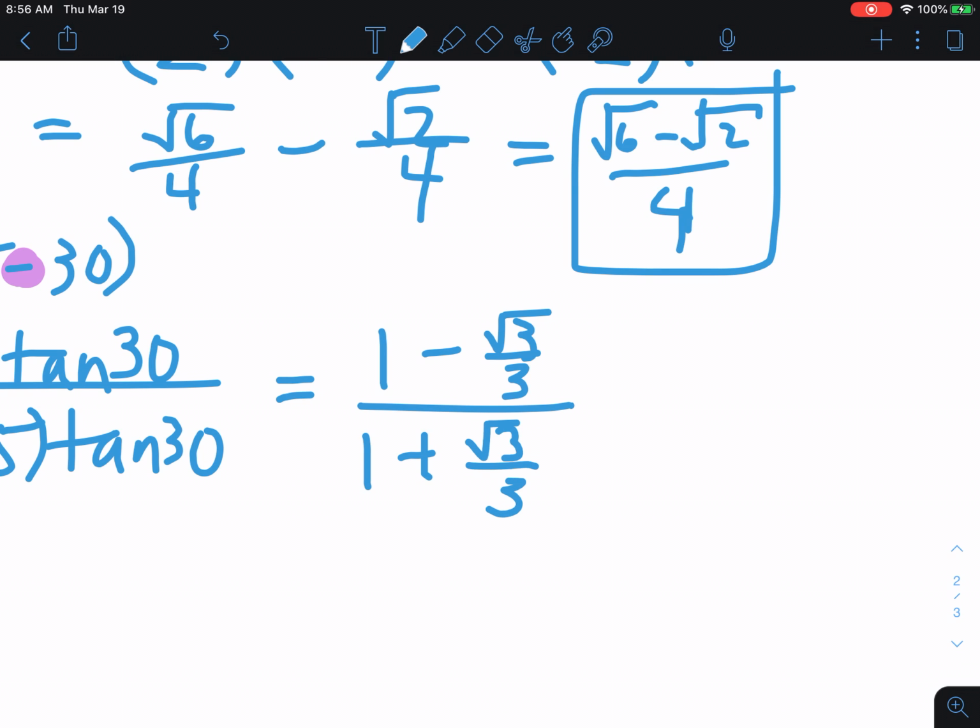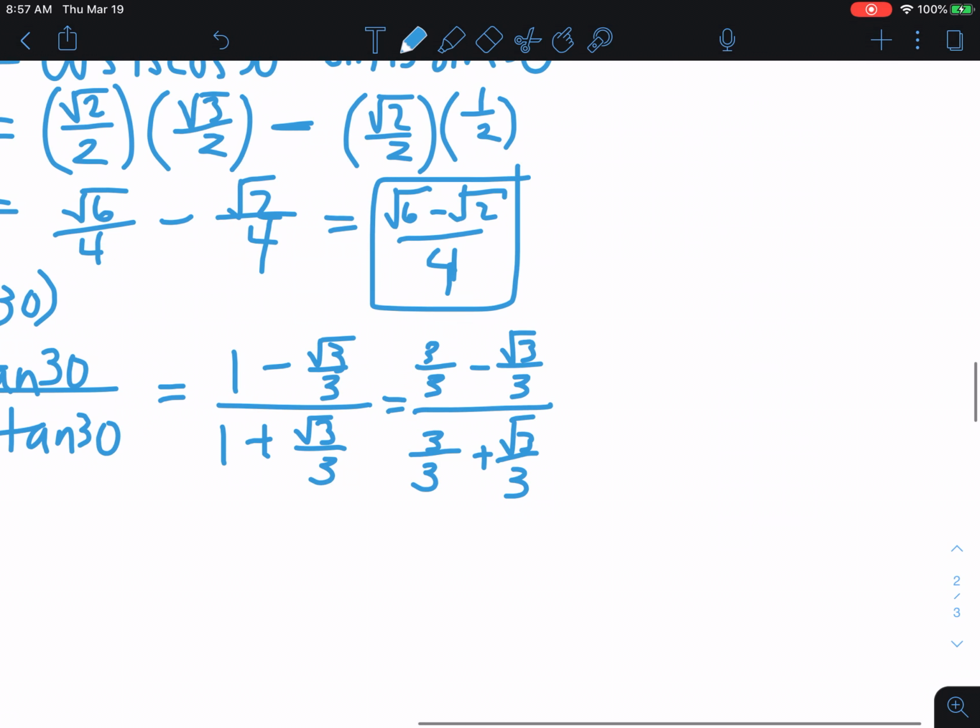And the next thing that I need to do is start to combine these two fractions. So 1 minus root 3 over 3, I'm going to change this 1 to have a common denominator, so I can multiply it by 3 over 3 to get that common denominator, and the same thing is going to happen at the bottom.